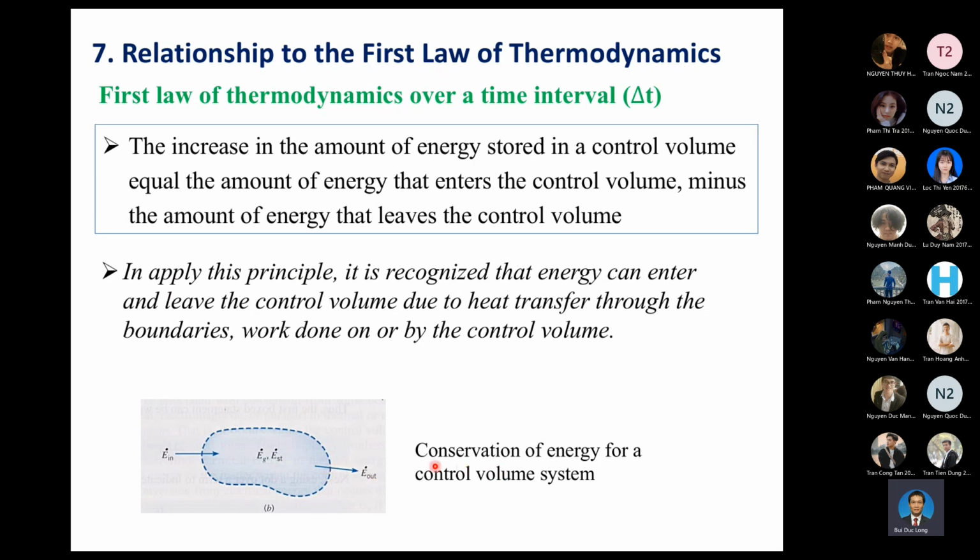This is what we call conservation of energy. E dot here means the change of energy in a time interval, in a very small time, so we have the interval time delta T.